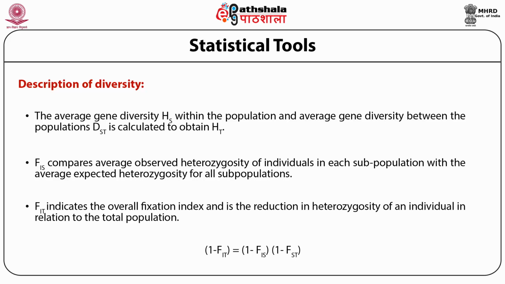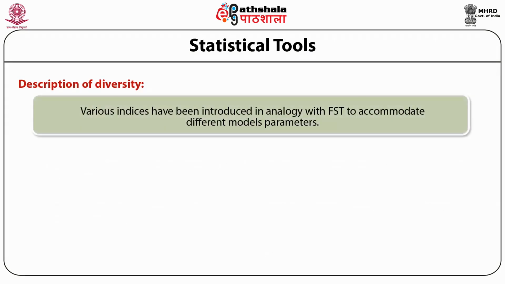Given this formula, various indices have been introduced in analogy with FST to accommodate different model parameters. For example, NST considers phylogenetic differences among haplotypes in addition to the differences in haplotype frequencies.